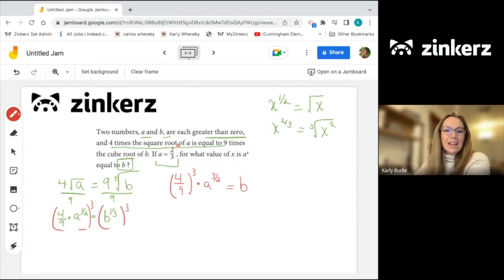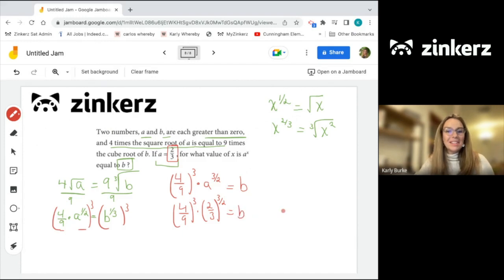And then they say that a is equal to 2/3. Well, again, this looks pretty messy, so let's keep going and plug in 2/3 and see if that helps us. We get 4/9 to the third times 2/3 to the 3/2 equals b.